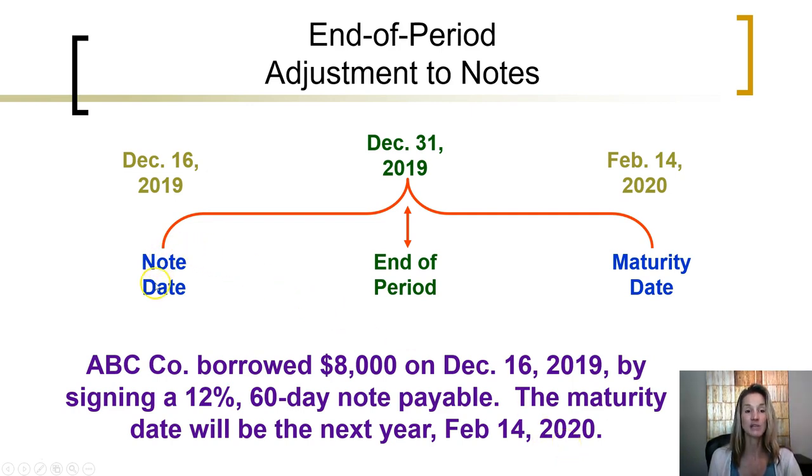So the note is incurred on December 16th. Between December 17th and December 31st, the company has started to accrue or owe interest, but that interest will not be paid until February 14th of 2020, the maturity date.